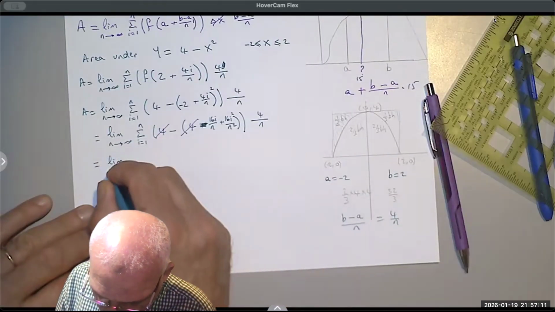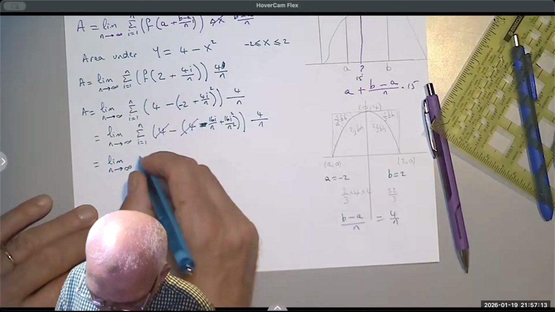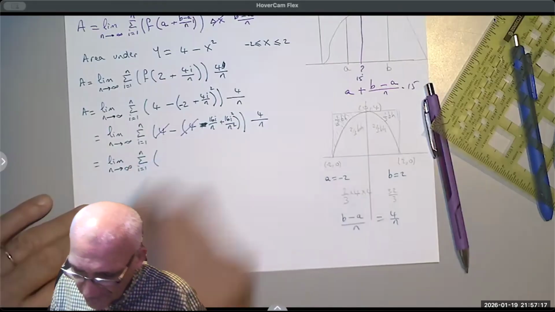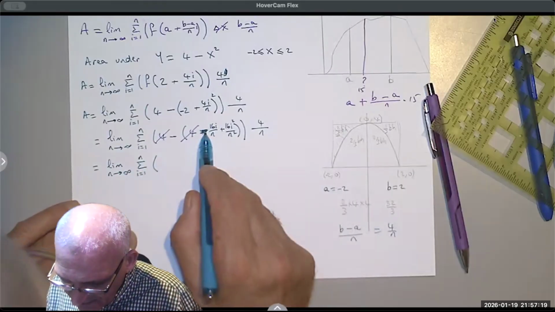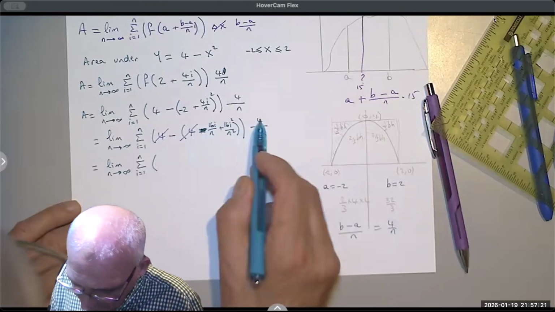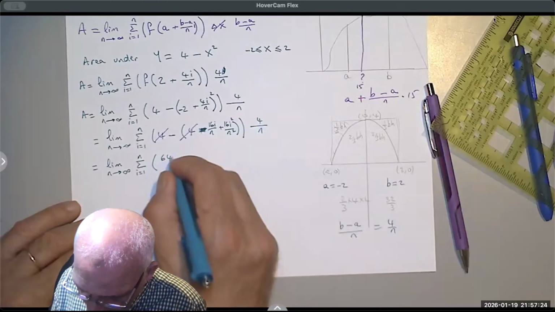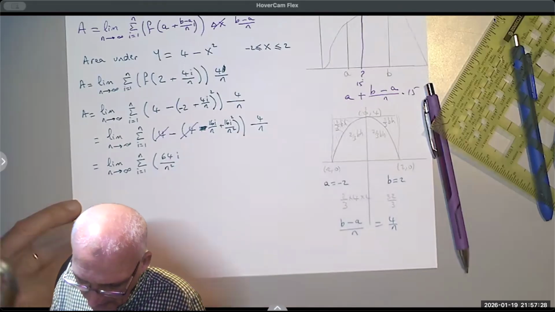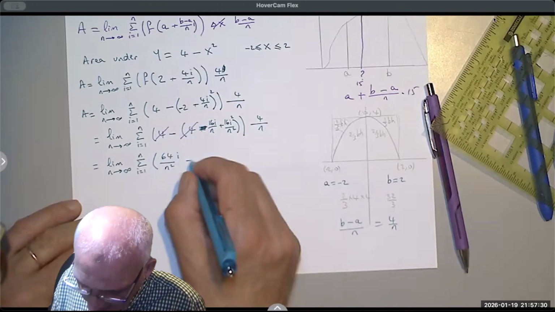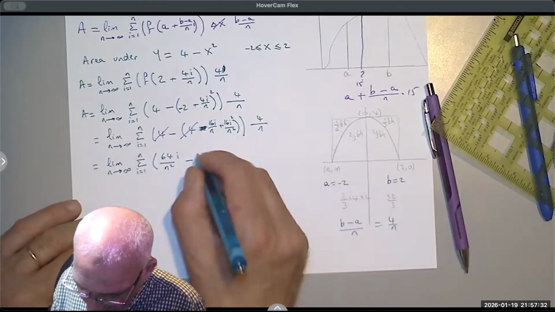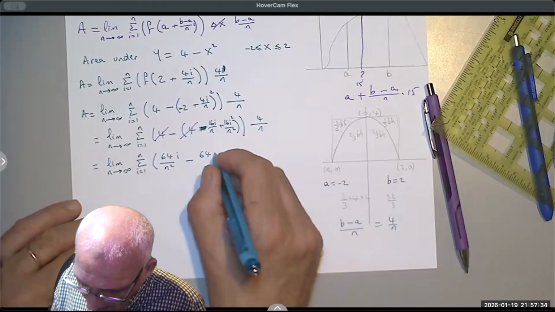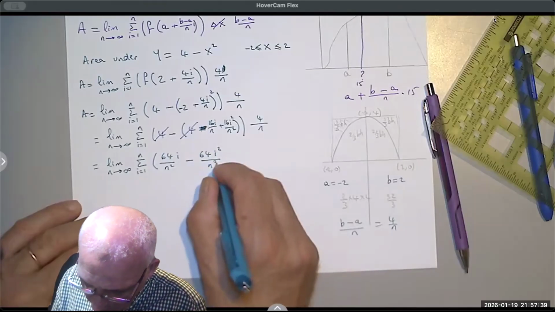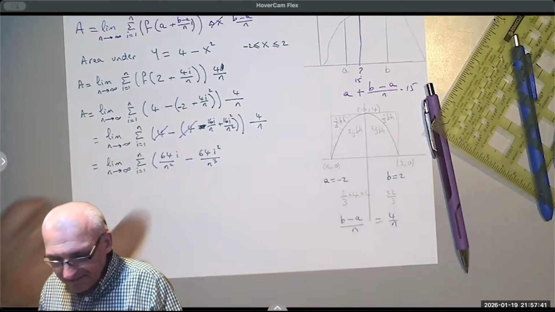Limit as n approaches infinity, summation I going from 1 to n. I have negative times negative is positive. 16 times 4 is 64i over n squared. Negative times positive is negative, 64 again, i squared over n cubed, because the n is multiplied.